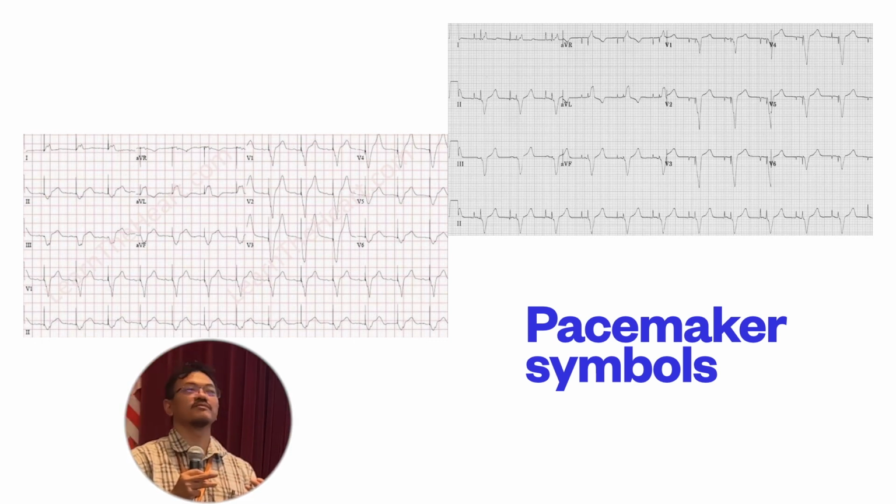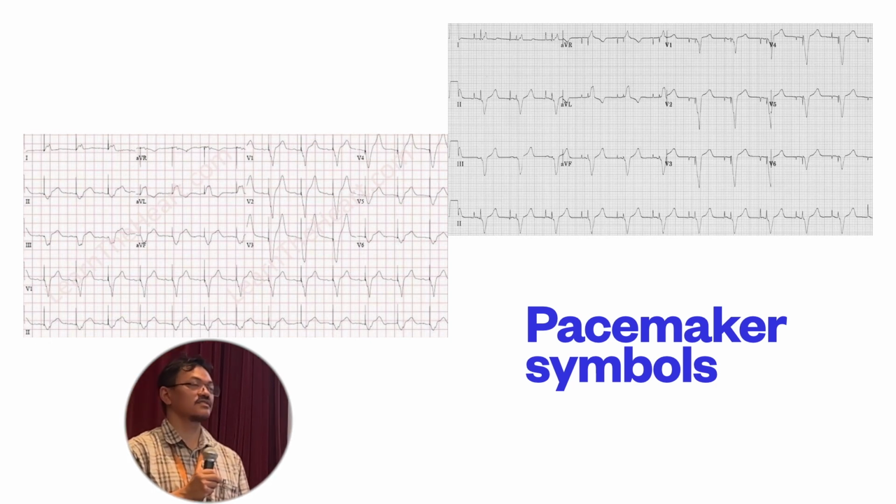How do you describe the mode of a pacemaker? How many letters? 4 letters, 5 letters. Okay, what are they? I have my answer in my notes. But for you guys, what are the letters corresponding to?